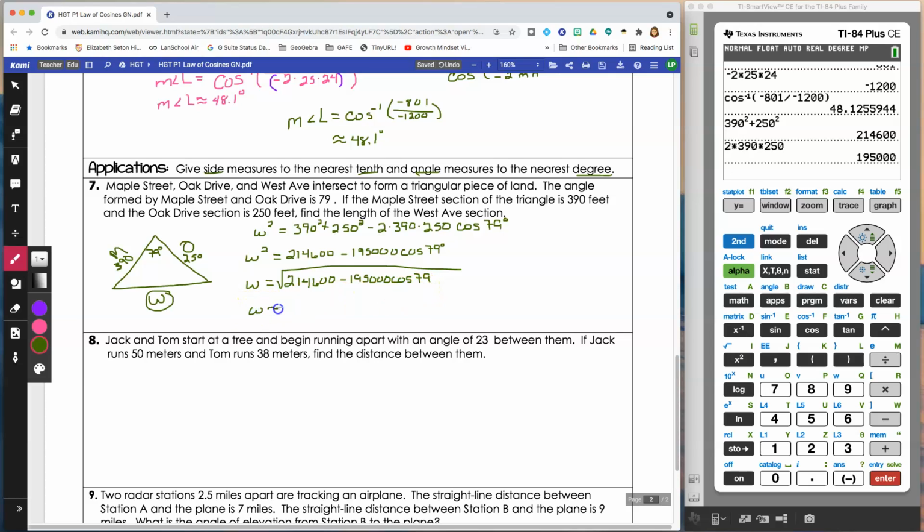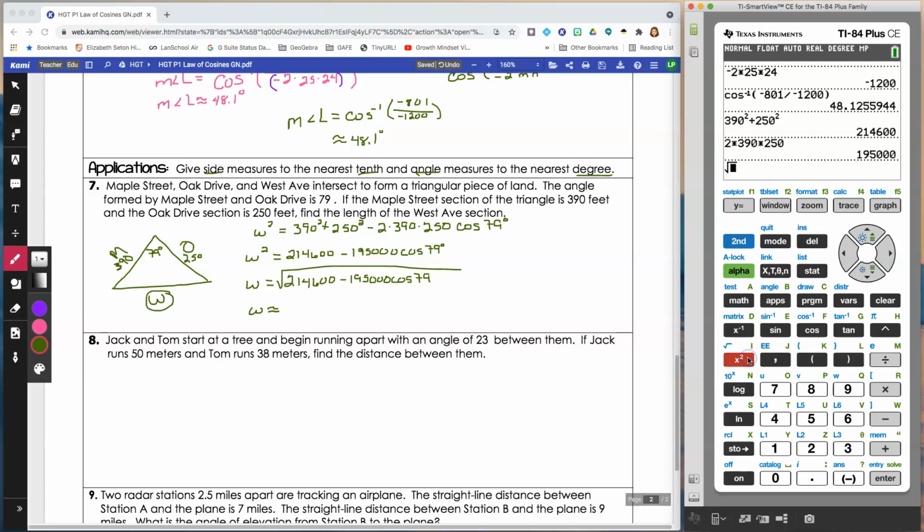So now when I do this, I'm going to type this part in my calculator. So second x squared, that gets me my square root, 214,600 minus 195,000 cosine 79 degrees. Okay, lots of numbers there, big numbers.